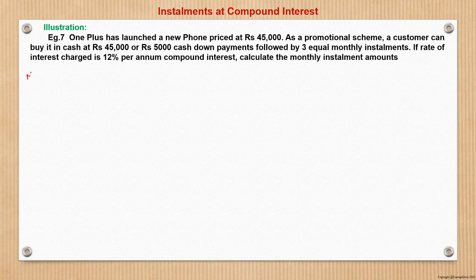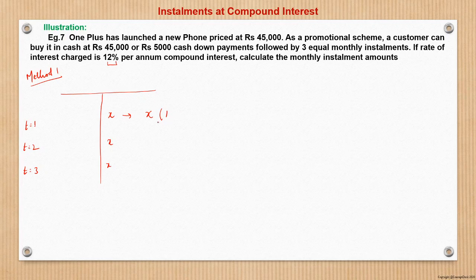Again, let us see by method 1 here. Let the monthly installment be X, and there are 3 monthly installments. Time is in months. So X is the payment here. This first installment will become X into 1 plus 12% per annum, right?